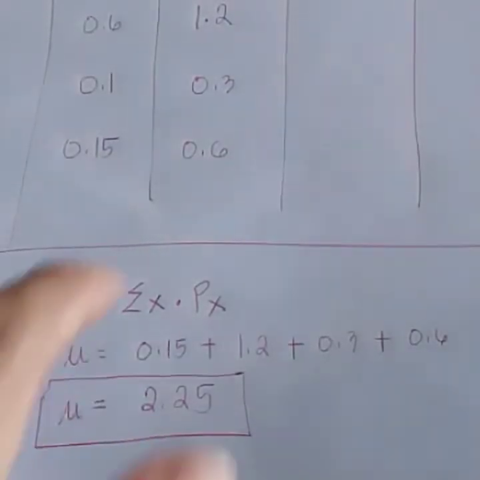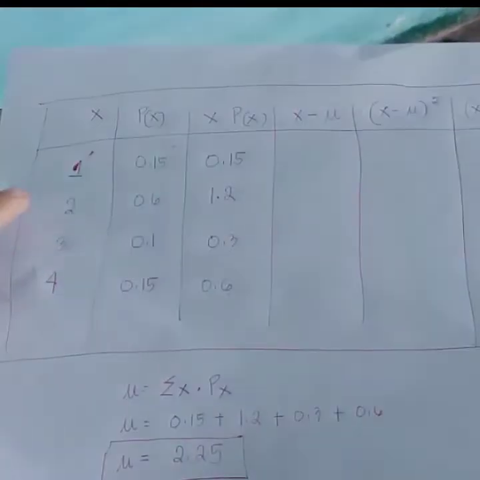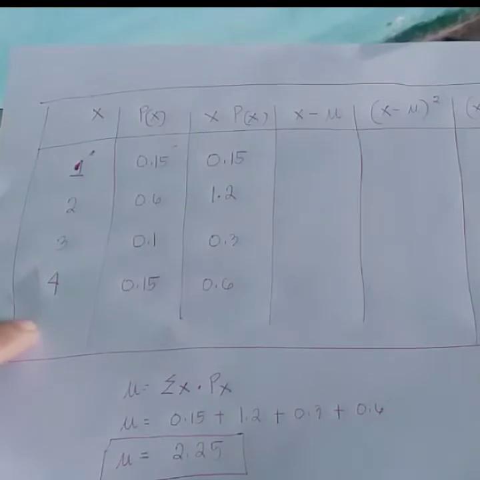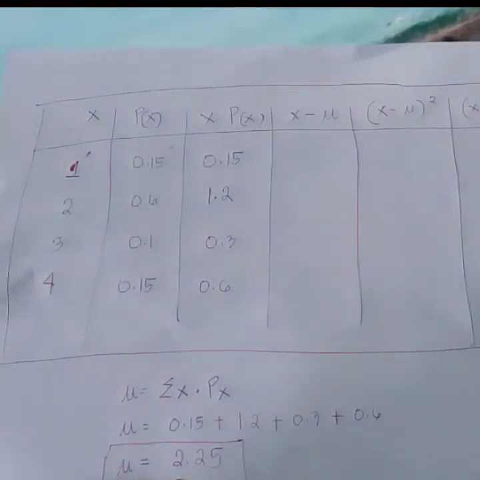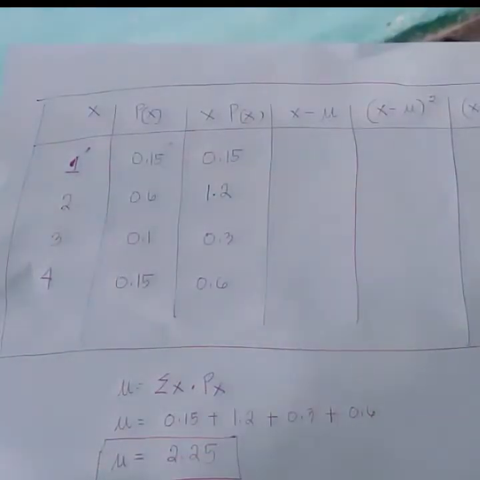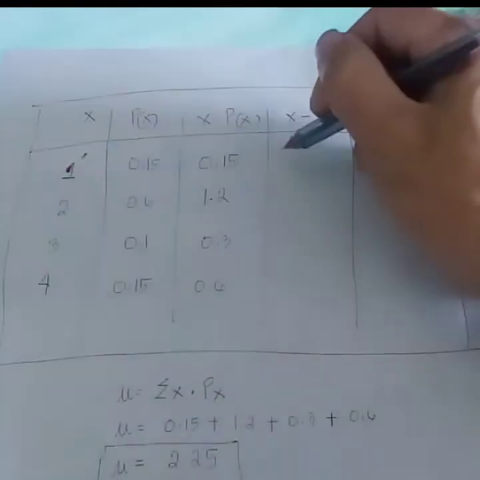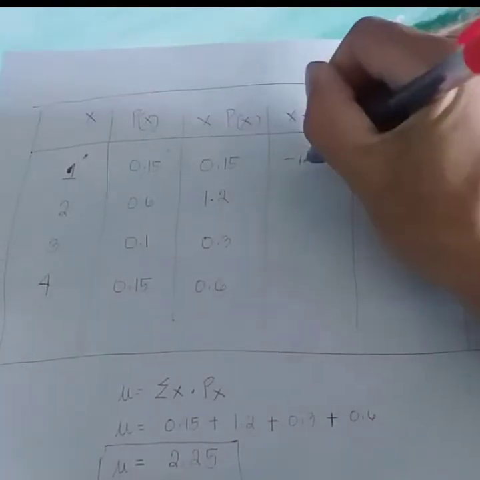Next, the fourth column, the x minus the mean. So we have the values of our x here. And we finally get the value of our mean. So 1 minus the mean. So 1 minus 2.25, we have negative 1.25.